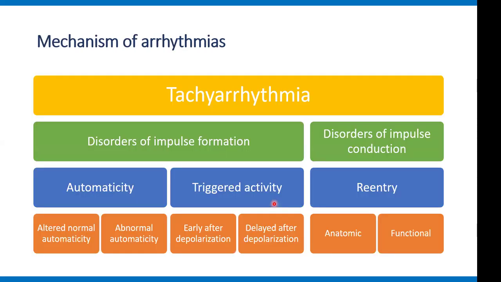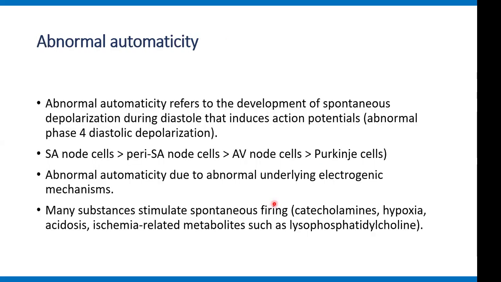So in the tachyarrhythmias, I think we've gone through this already. Automaticity can be altered, normal or abnormal. Okay, it's normal, but it's altered. So when we say abnormal automaticity, it refers to the development of spontaneous depolarization during diastole that induces an action potential. So during diastole phase 4, we don't expect any depolarization.